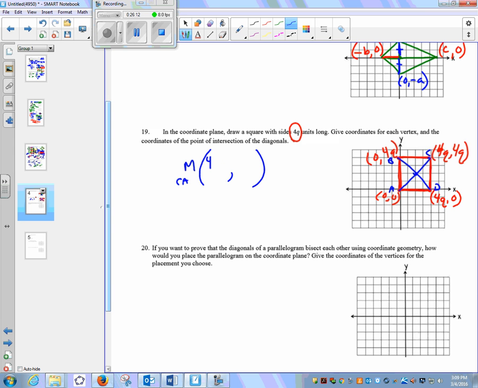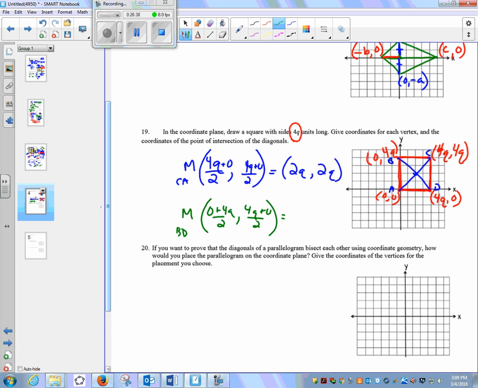Add the x's for 4Q plus 0 over 2. Add the y's for 4Q plus 0 over 2. I get 2Q, comma, 2Q. Midpoint of BD, I should get the same thing. 0 plus 4Q over 2, and 4Q plus 0 over 2 is going to give me 2Q, 2Q.